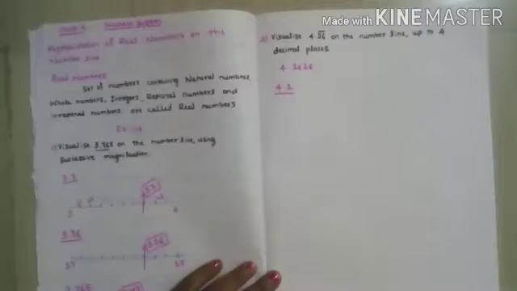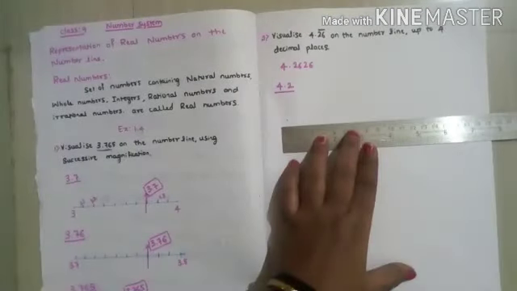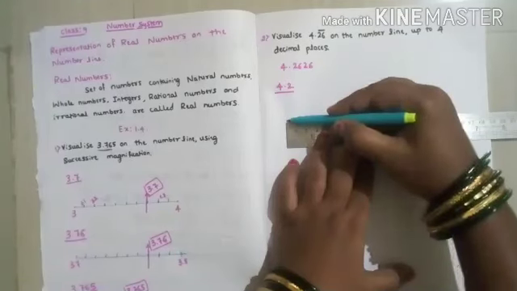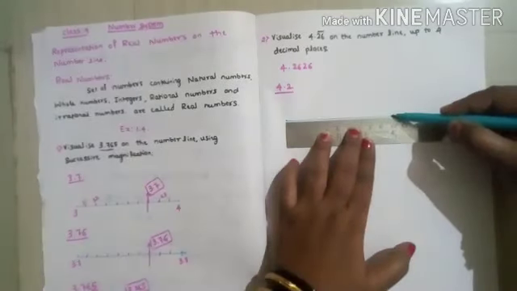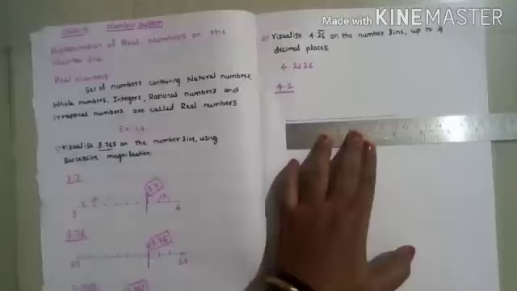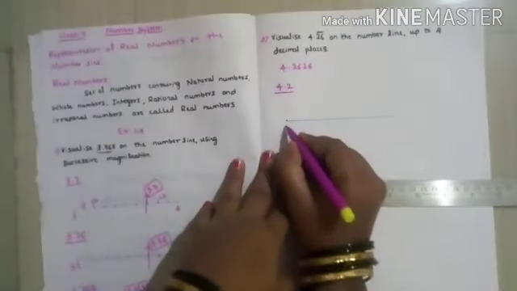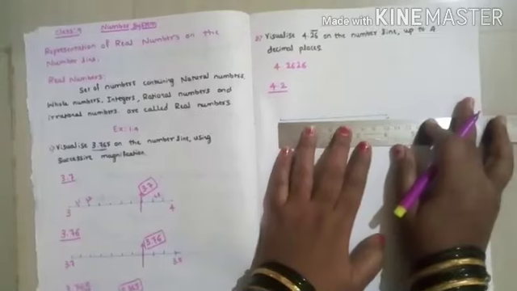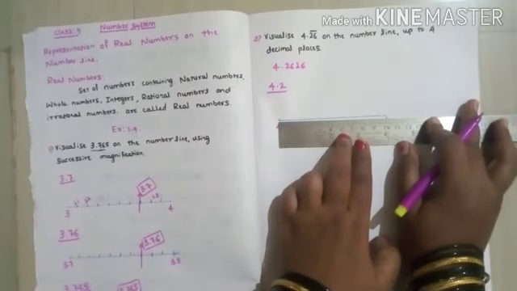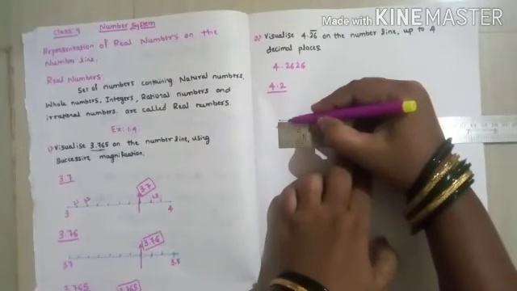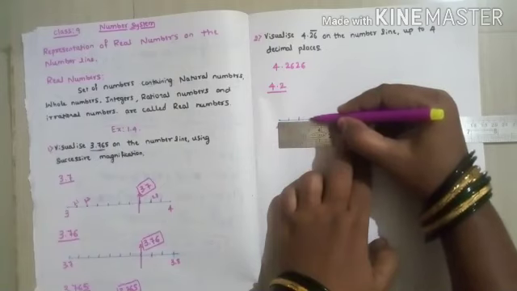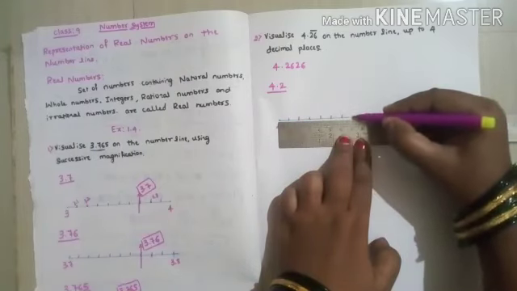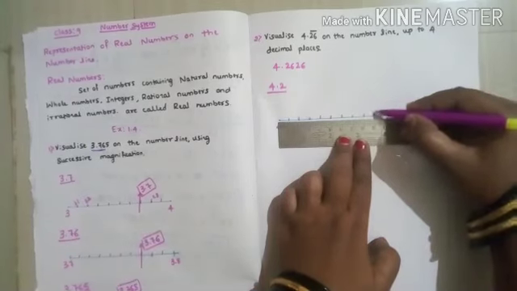So I will take a 10 centimeter line. It will come from 4 to 5. You mark 10 places: 1, 2, 3, 4, 5, 6, 7, 8, 9, 10.